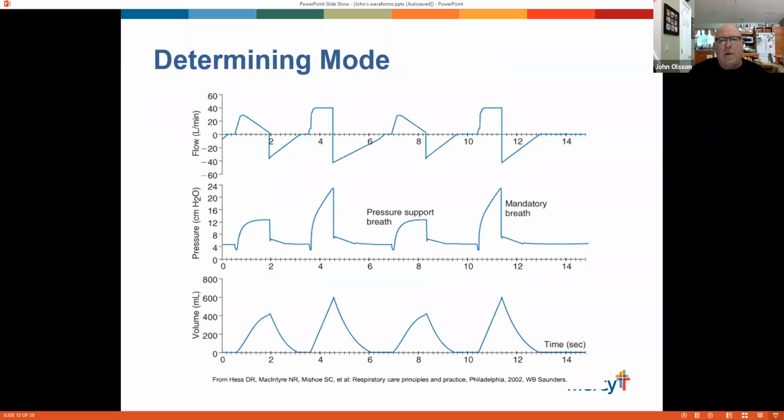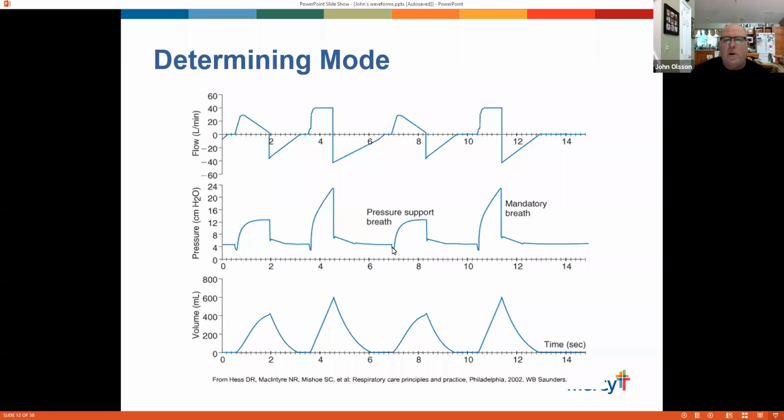So I can determine my modes. If I had a patient in SIMV, I can look at these flow patterns, and I can see these descending flow patterns, and here's my square wave. So this is a mandatory breath. Remember I told you, the pressure comes up to that point about equal to the volume point, and then comes back down.